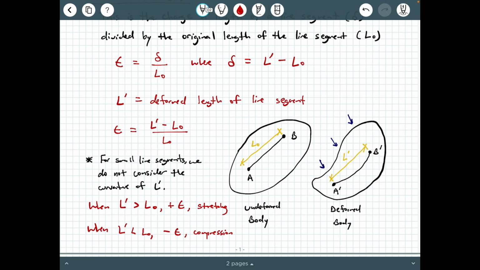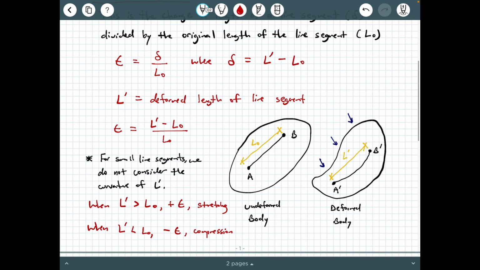Now, could we look at a differential version of this? Yeah, absolutely. So what would the differential version of this be? I'm going to write this over here.